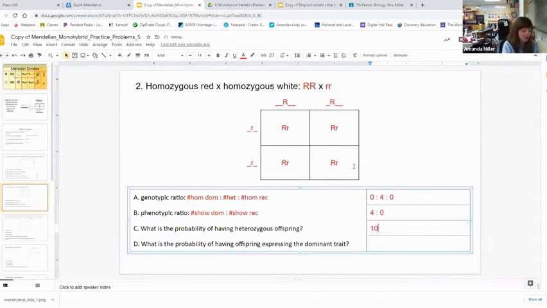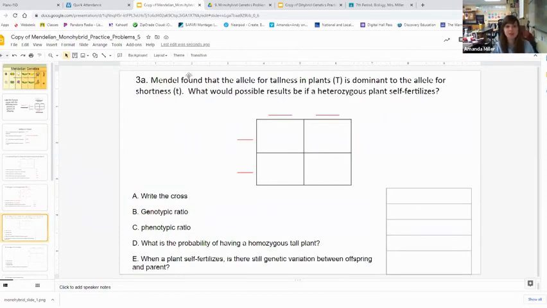So that is 100%. What is the probability of having offspring that express the dominant trait? So red, 1, 2, 3, 4. Again, our probability is 100%. Okay? All right, let's do another example.